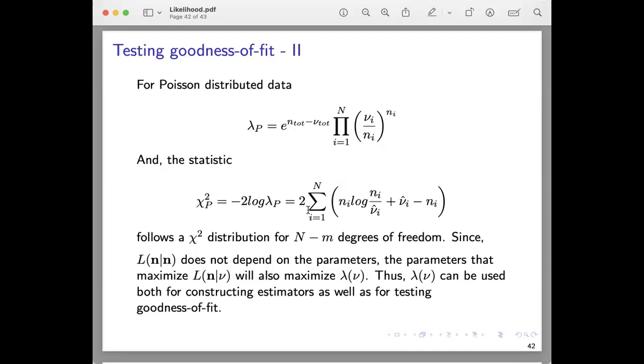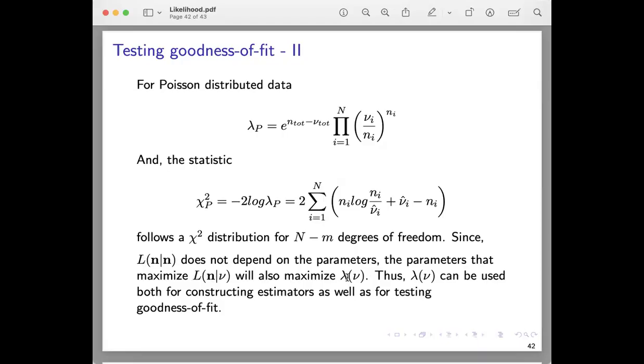Now you can see that the denominator in this likelihood ratio does not depend on the parameters, because nu only depends on the parameter theta. So L of n given n doesn't depend on the parameters. That's why the parameters theta that maximize the likelihood L of n given nu will also maximize lambda.